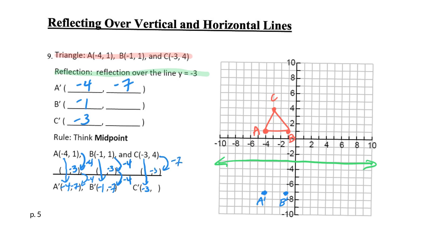And so to get from my central line to my image point, I need to subtract another 7. And so that's going to be -10. And so C is going to be -3, -10, which is right over here. And this is my C prime. And I just successfully flipped it over that y equals -3 line. And so my image points are going to be -4, -7, -1, -7, and then -3, -10.